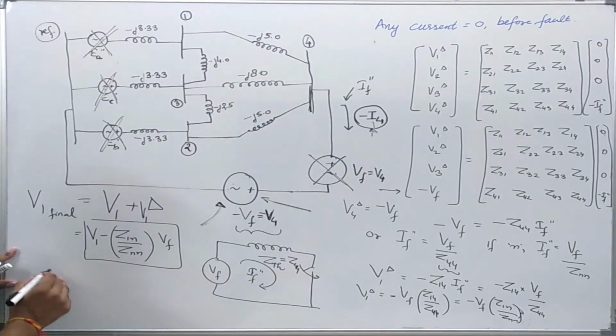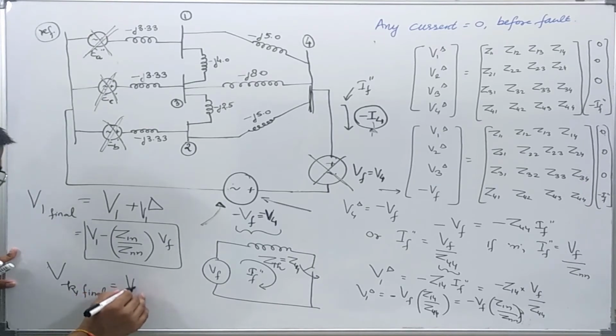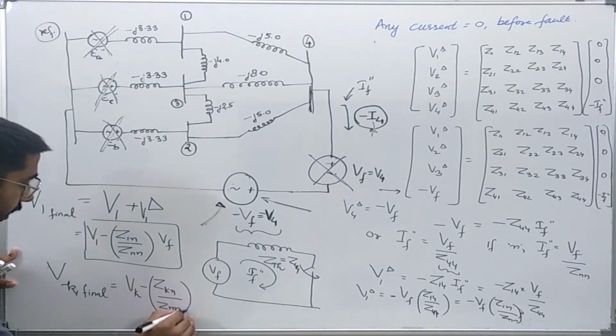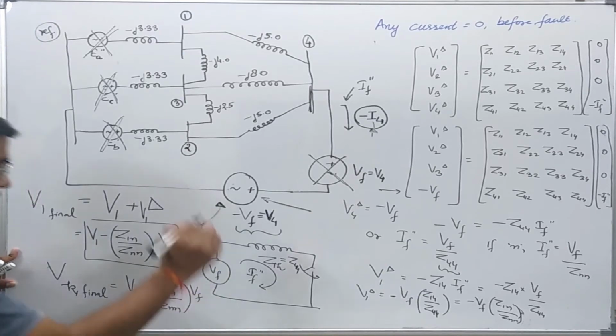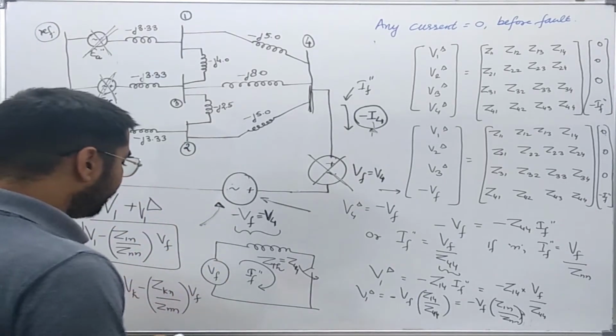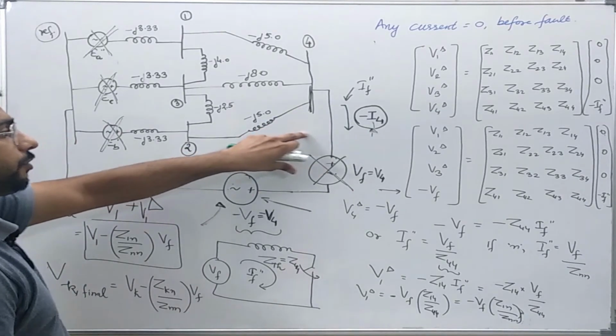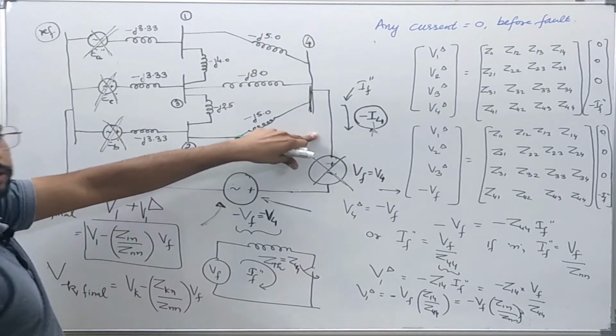To generalize, I can write the voltage at the kth bus as Vk initial minus Zkn over Znn into the fault voltage, the voltage existing in the system at the fault point before the fault occurred.